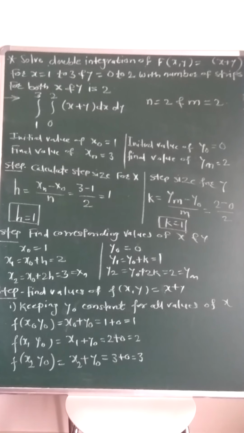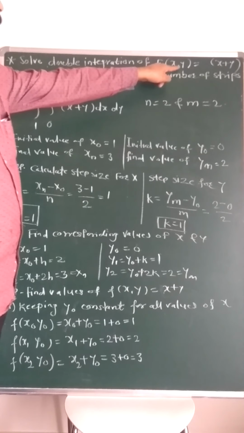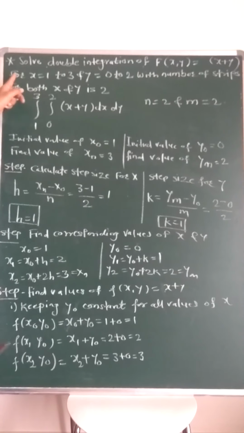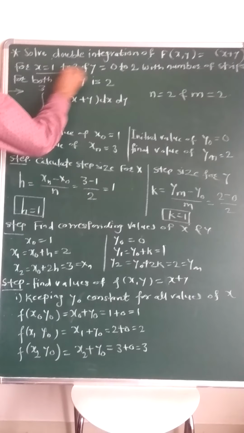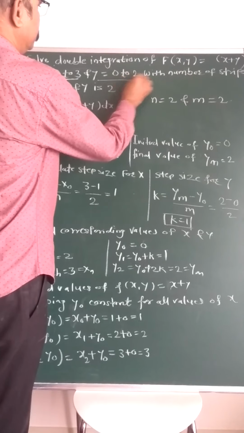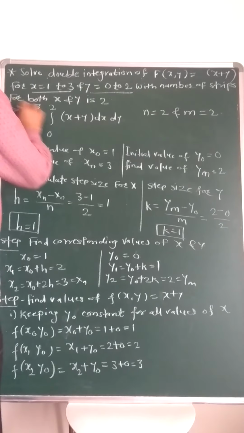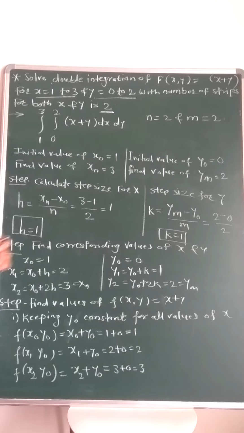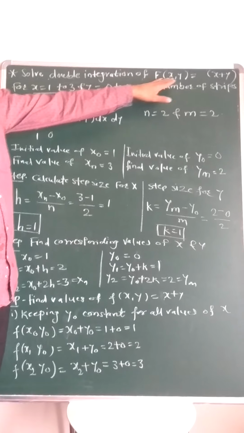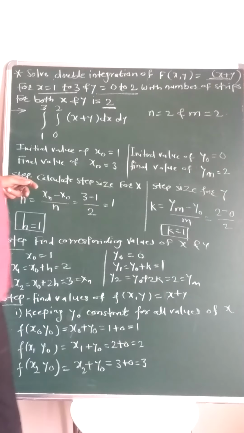trapezoidal rule. Solve the double integration of the function f of x comma y is equal to x plus y for x is equal to 1 to 3 and y is equal to 0 to 2, with the number of strips for both x and y being 2. Here the given function is f of x comma y is equal to x plus y with the limits of integration.